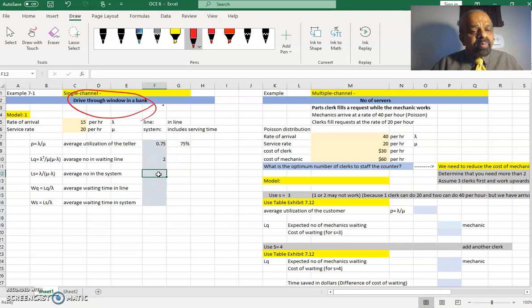What is the average number of people in the system? The system is going to consider, of course, the service rate as well as the arrival rate.